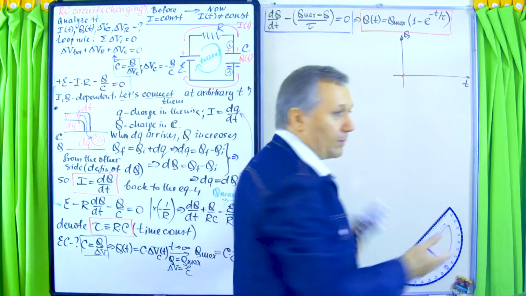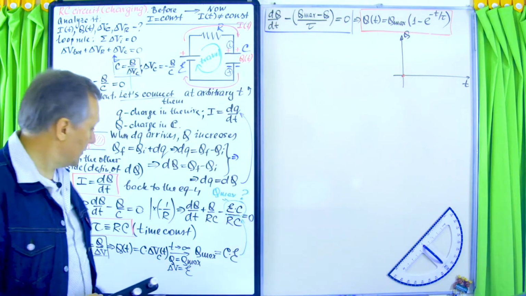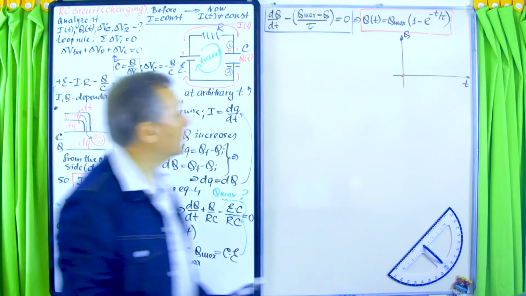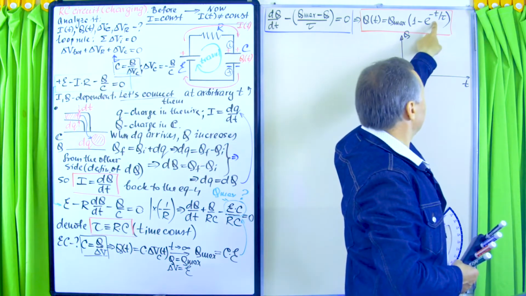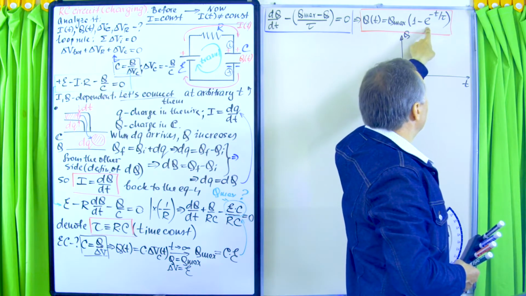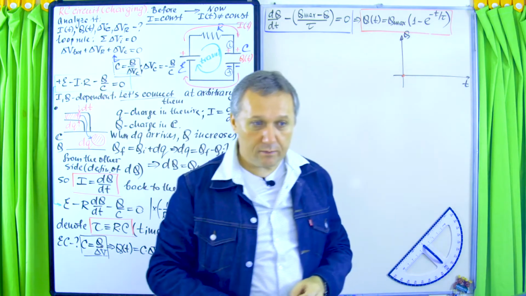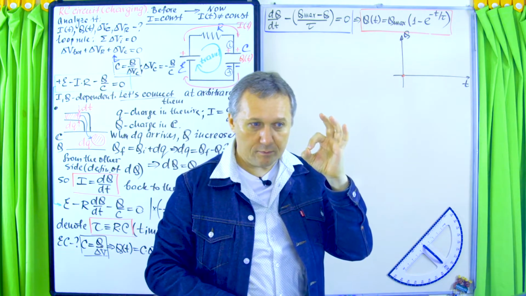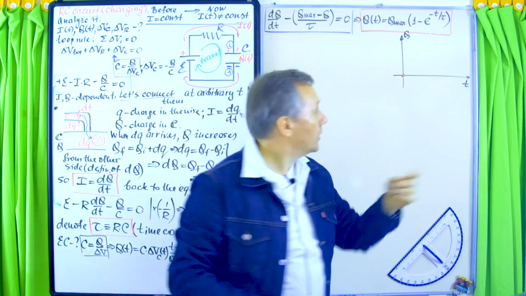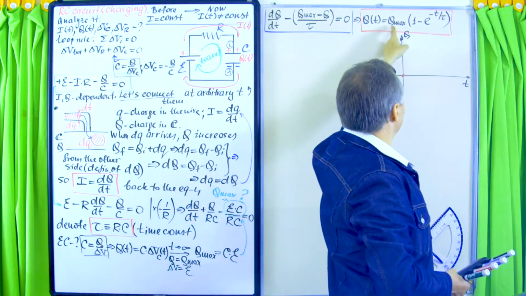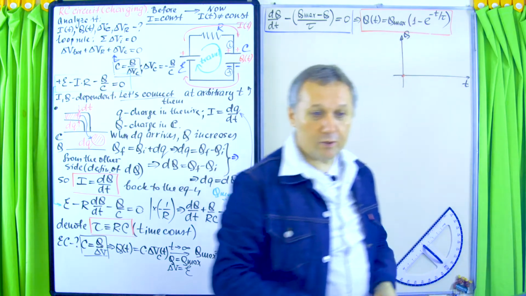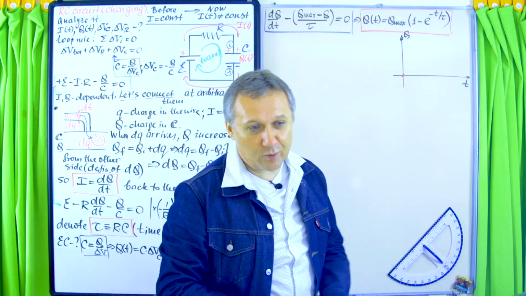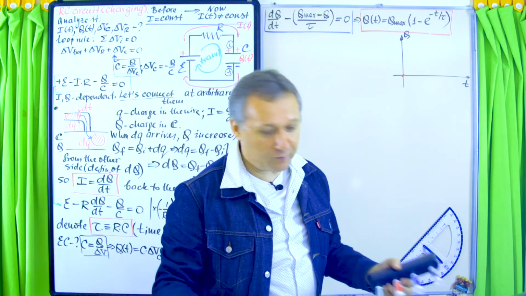Then, what happens when t goes to infinity? When t goes to infinity, you get e to the power of minus infinity. It's 0, right? So this term is 0. As a result, we're getting only Q max times 1. So at infinity, the amount of charge on the capacitor is maximum.